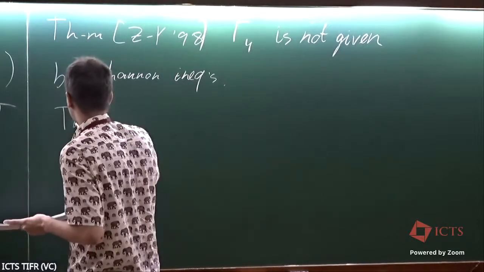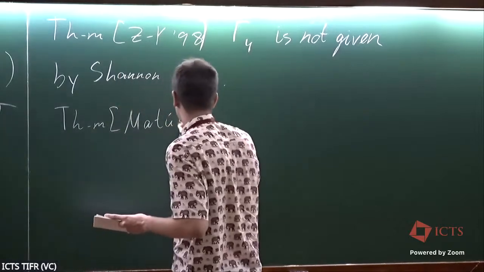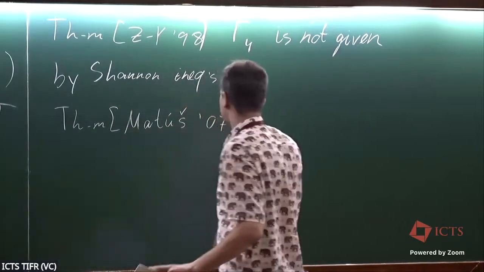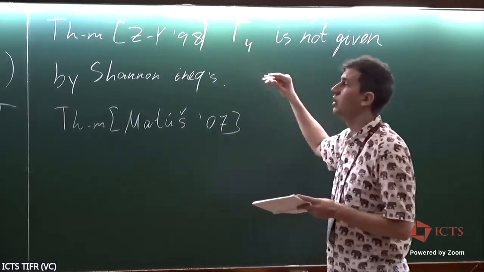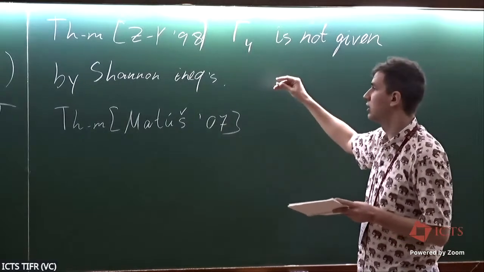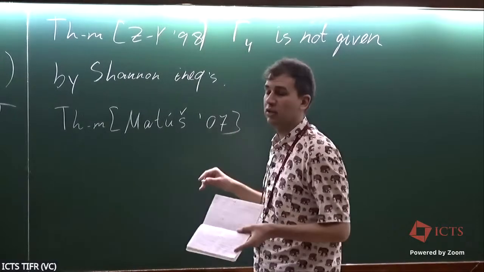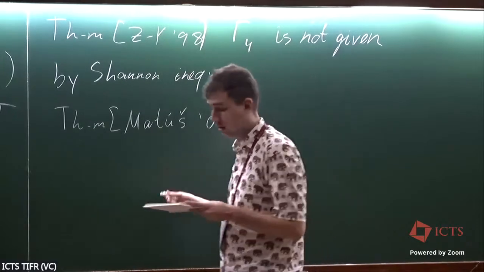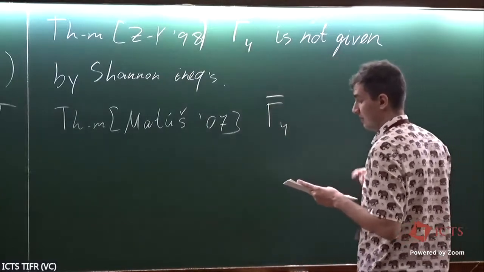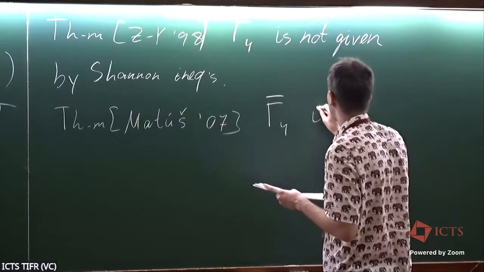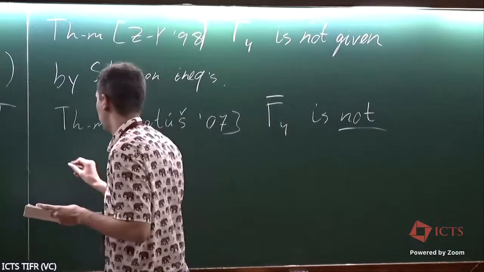And later, Matúš in 2007 figured out infinitely many linear inequalities which are satisfied by all vectors in gamma 4, and they're all independent. He proved that gamma 4 is actually not given by finitely many linear inequalities.